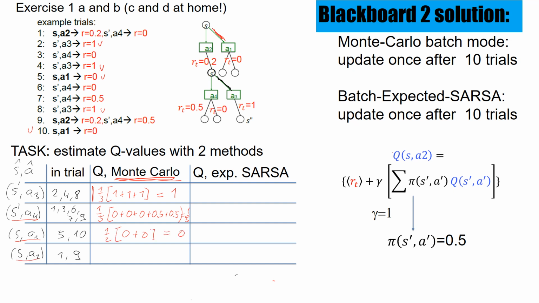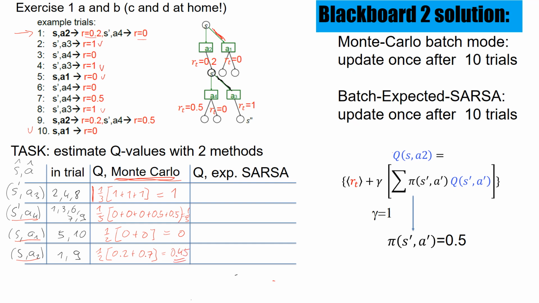Now let's look at S and A2. Here we have 2 trials. We have this trial here. We get a reward of 0.2 followed by 0. And this means that we have an average of 1/2 of 0.2 plus 0.7, which makes 1/2 of 0.9, so that's 0.45.